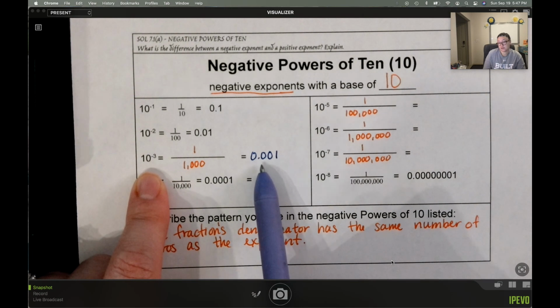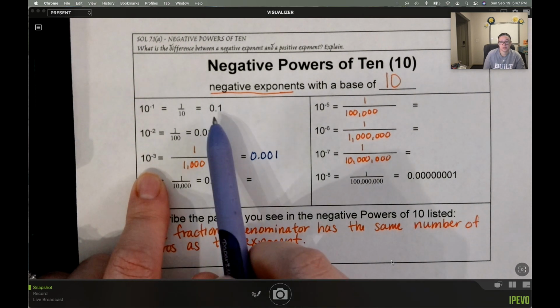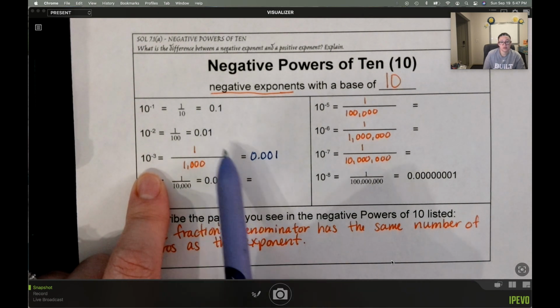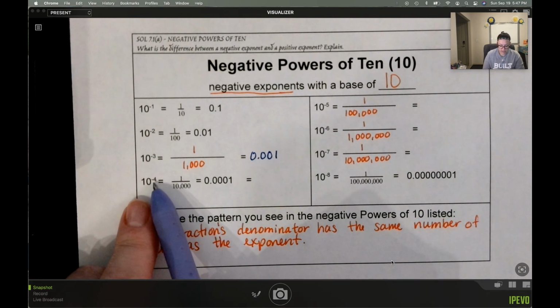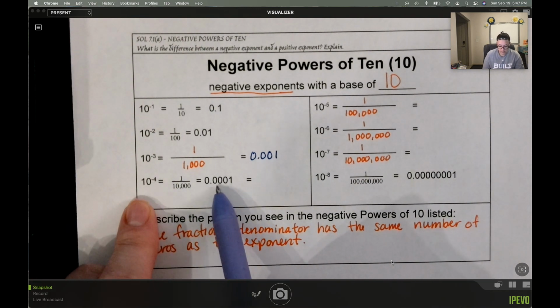We've got the decimal after the first zero. The same number of zeros, it's just you have a decimal after the first one. Here my exponent's 4. I still have 1, 2, 3, 4 zeros. I've just got to throw my decimal in there.